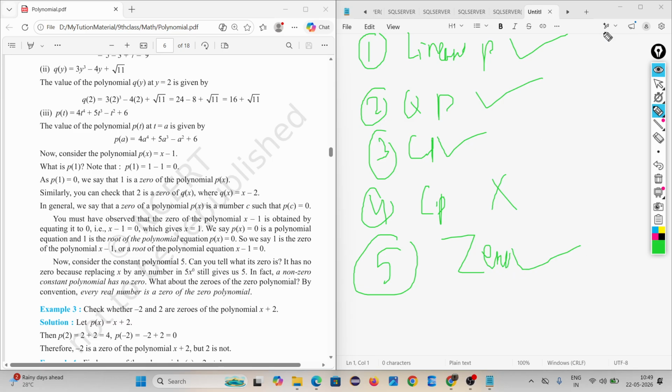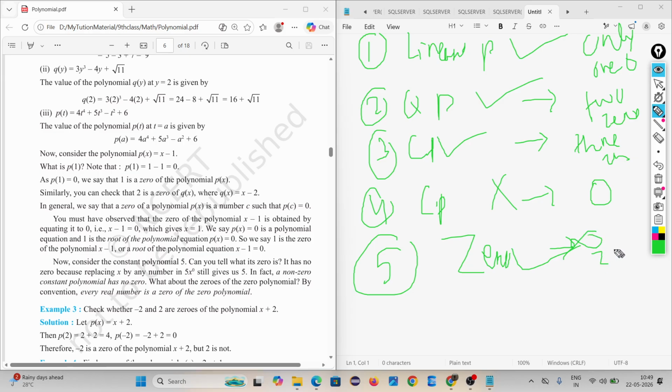Do you know, a linear polynomial has only 1 zero, a quadratic polynomial has 2 zeros, and a cubic polynomial has 3 zeros. A constant polynomial has 0 zeros. The zero polynomial has infinite zeros.